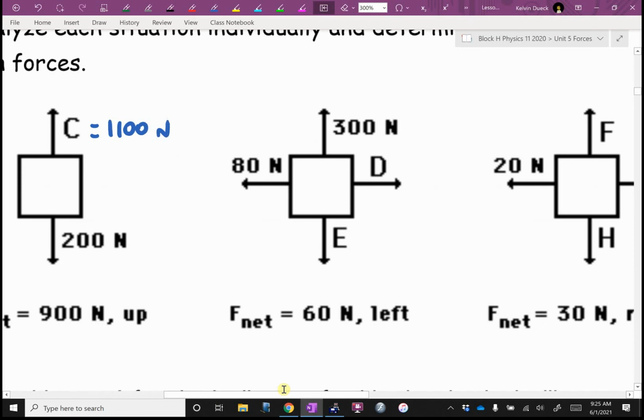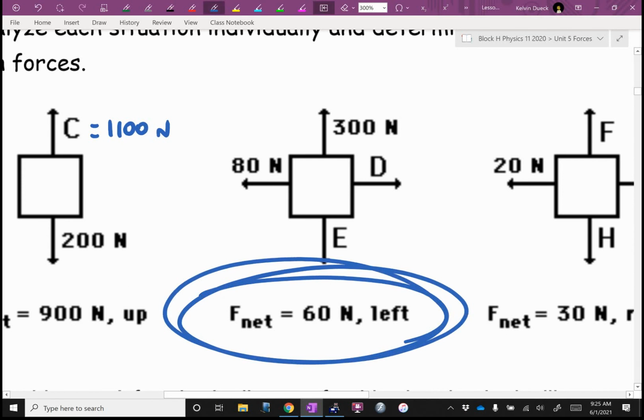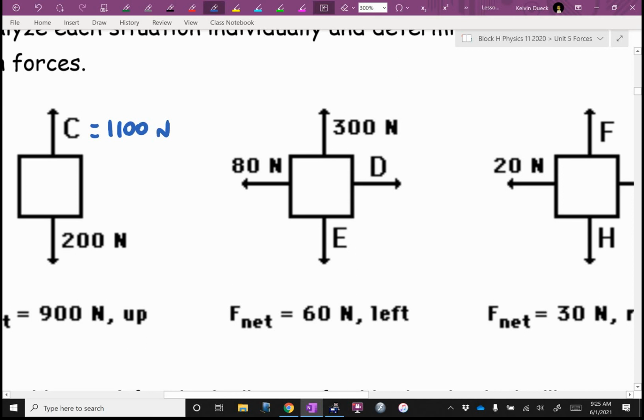Camille, what's the net force in this third diagram, magnitude and direction? What have they told me? Okay, so for 60 left, first of all, what does D have to be? I want 60 to the left. So what does D have to be? See it?